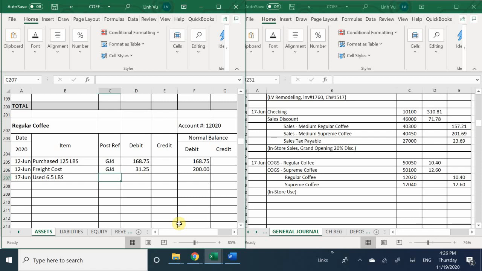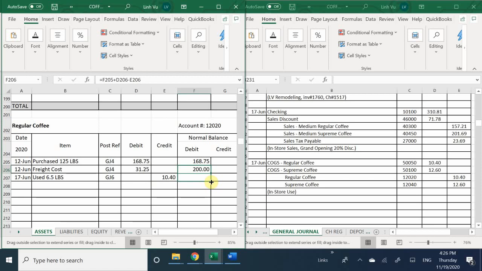Okay, so used 6.5 pounds. We are still on our general journal number 6. But this time we're going to credit our account by $10.40. If you have your formula, how much should you have left in your regular coffee inventory account?